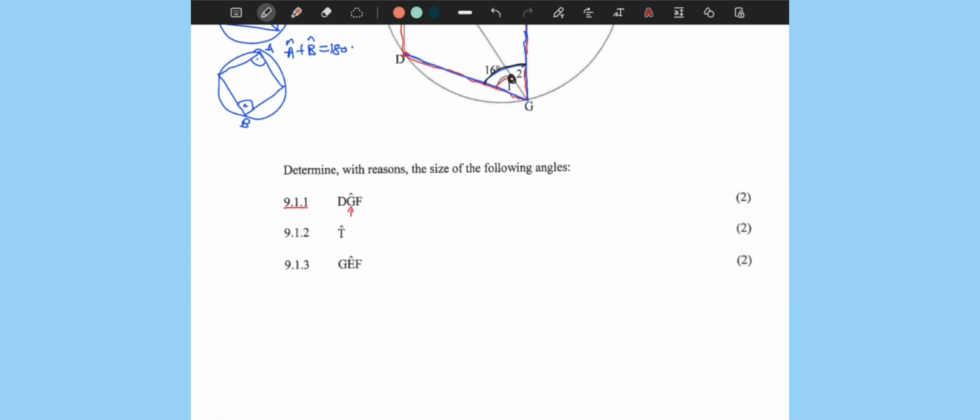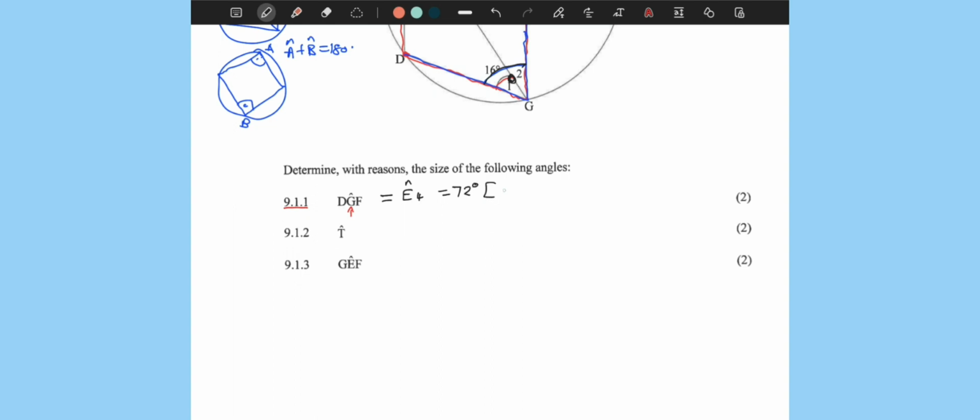Let me just write it down here. This DGF is equal to E4, which is equal to 72 degrees. So this angle is going to be 72 degrees.